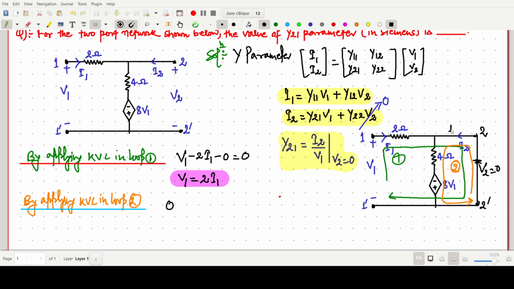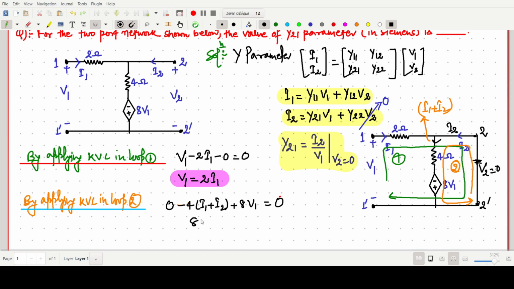Then this current is I2, so the current in this loop will be I1 plus I2. Both currents come here and go through this 4 ohm resistance. So I write 0 minus 4 times (I1 plus I2), and now entering from plus, we write plus 8 V1 equals 0. This is KVL in this loop.